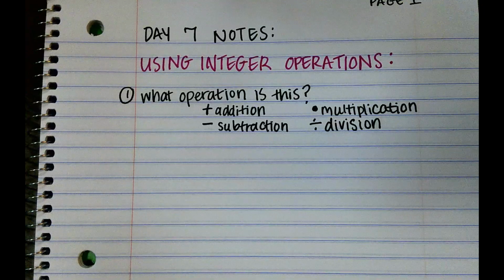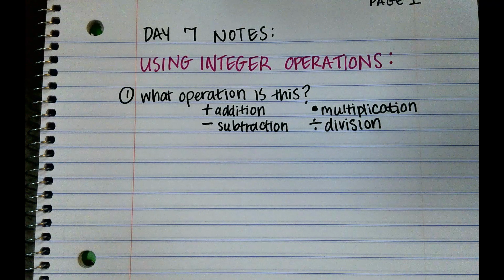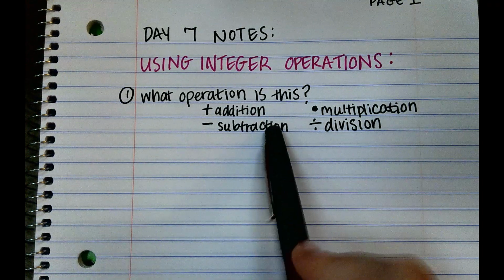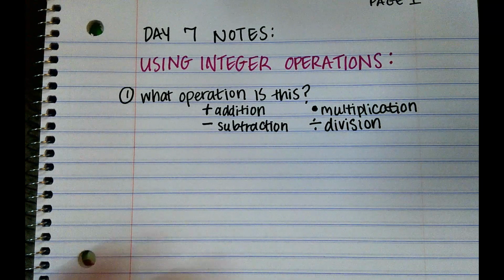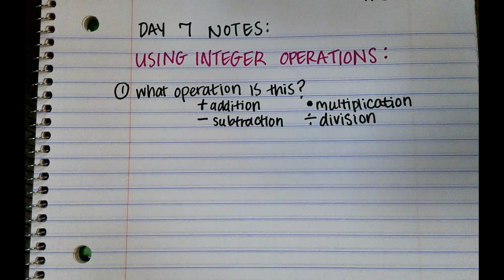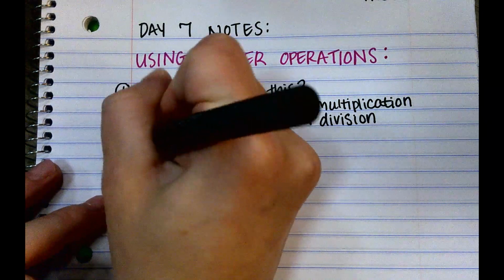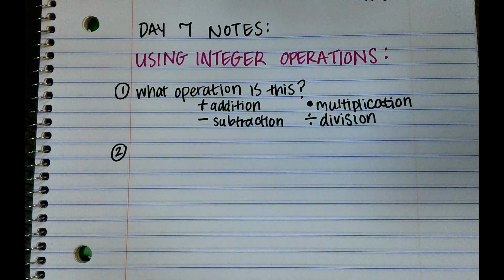Based off of that first question, we then look at the steps. If it's addition, we look at the addition steps. If it's subtraction, we look at the subtraction steps. Those were from day 5. The second question we ask ourselves is, do my numbers have the same sign or different signs?